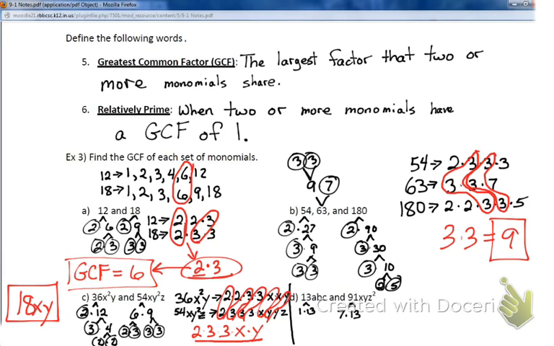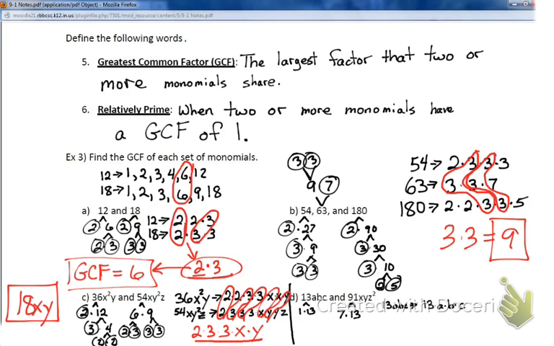So I write out 13abc. The prime factorization of that will be 13 times a times b times c.